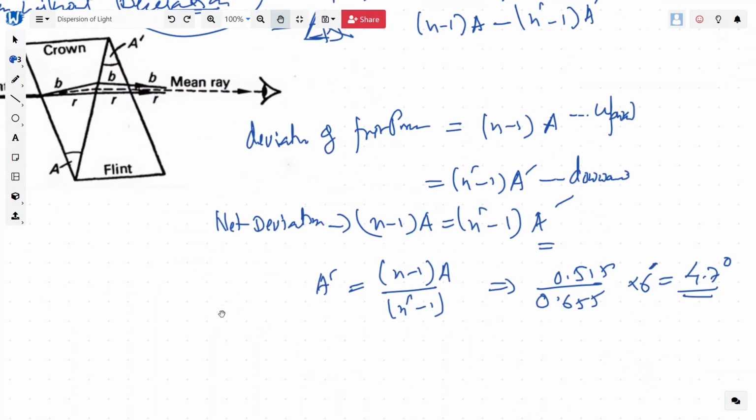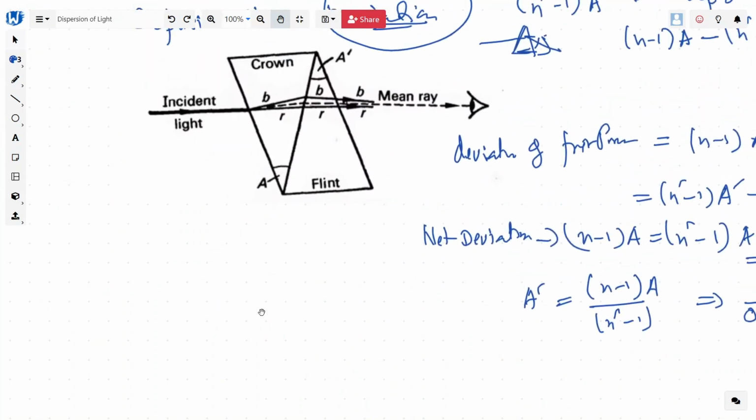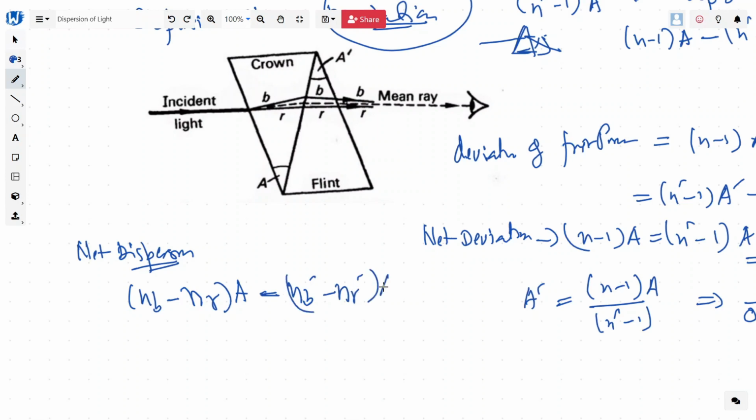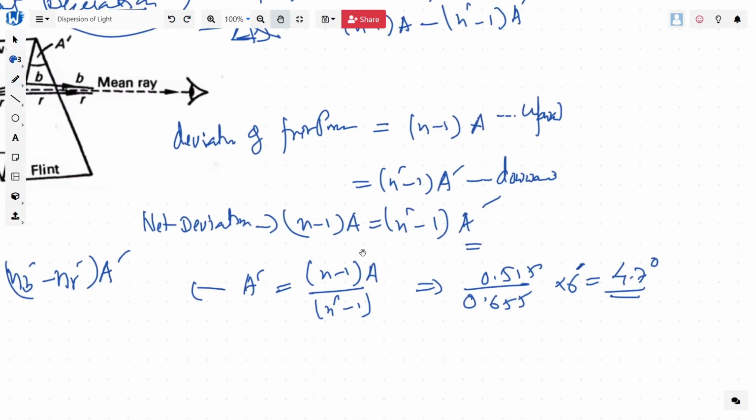Okay, so now let's find out how much the net dispersion is going to be, like we found out how much the net deviation was in the last case. So net dispersion, right, is going to be, again for the blue light, (nB minus nR) into A. This is for the first prism, right? And for the second one, in the negative direction, (nB dash minus nR dash) into A dash, and when you plug in these numbers, we know the A dash as well, 4.7 degrees.